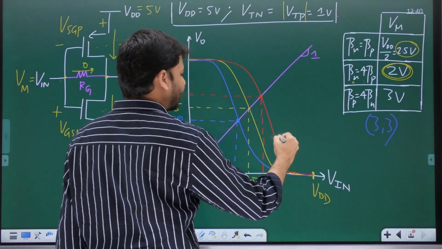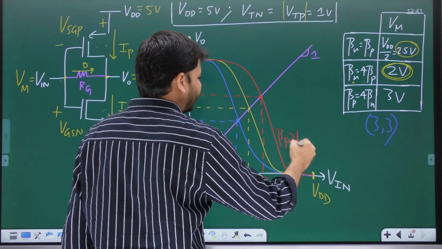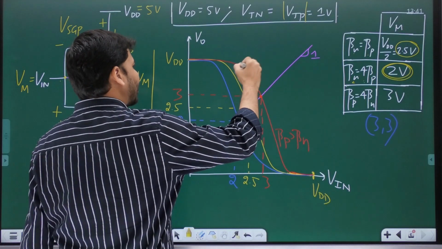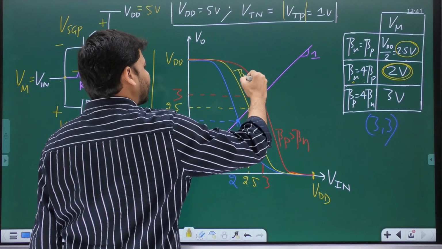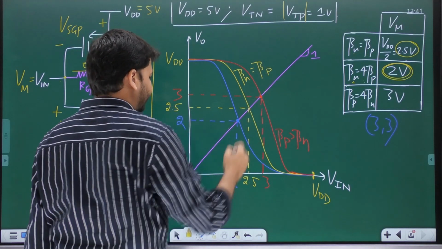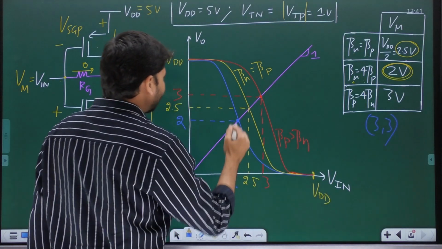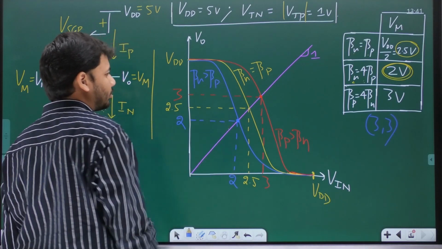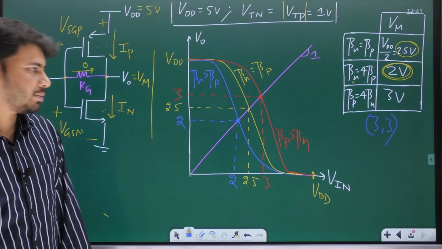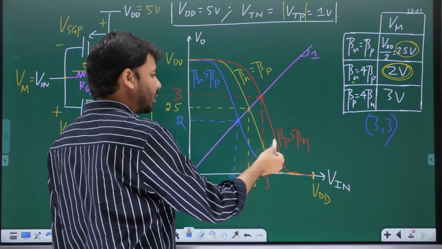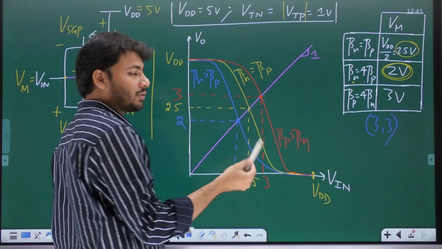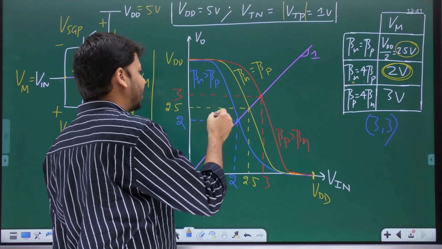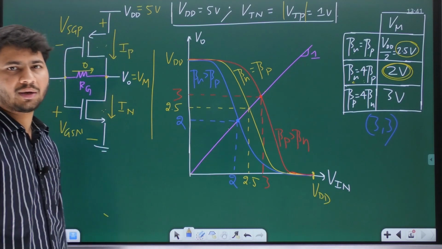So red color is for beta P greater than beta N. Yellow color is for beta N equal to beta P. And blue color is for beta N greater than beta P. On the extreme right, it is for PMOS stronger than NMOS. Middle one is for PMOS equally strong as NMOS. And the blue color one on the extreme left is for NMOS being stronger than PMOS.